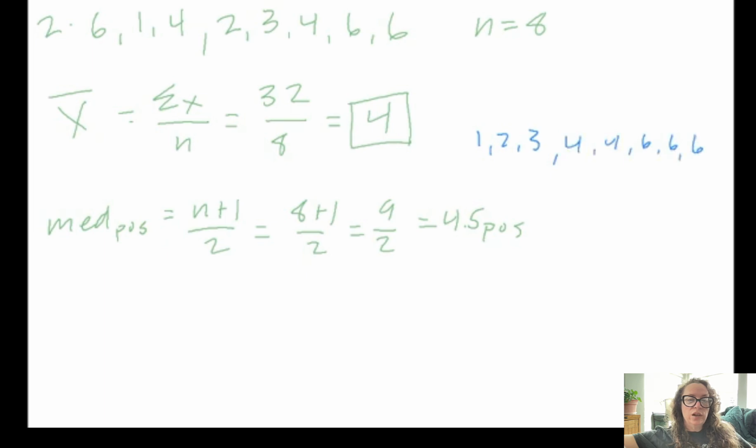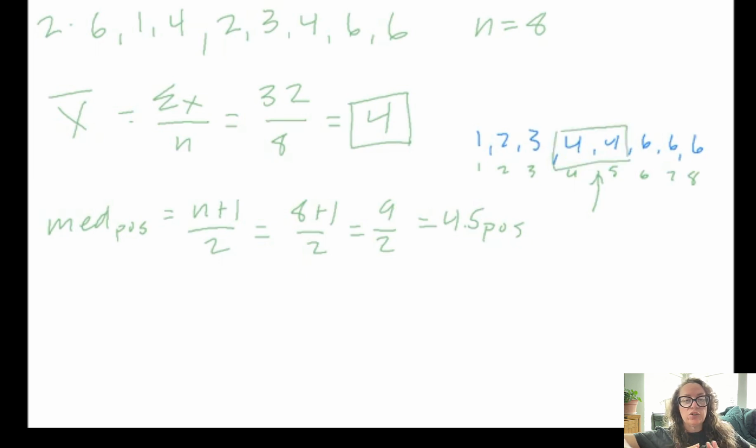Then we can label the position of each value: position 1, 2, 3, 4, 5, 6, 7, 8. We're looking for 4.5, the middle position, meaning that these two values represent our center.